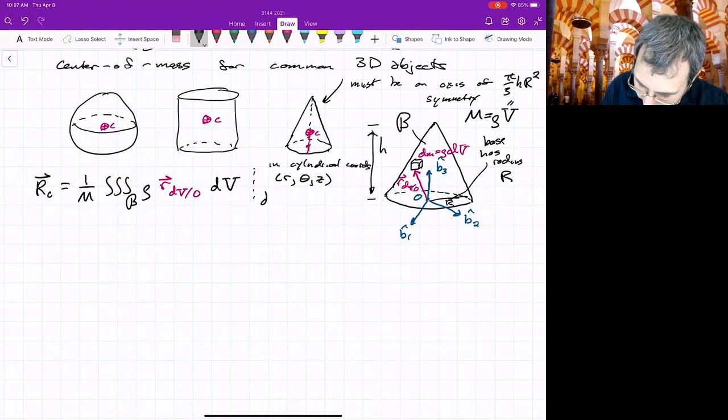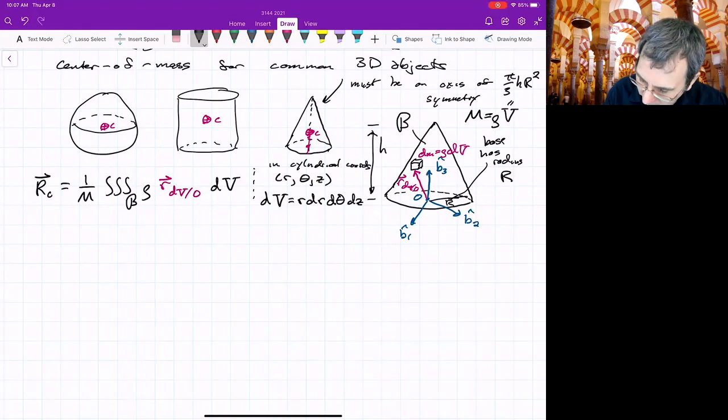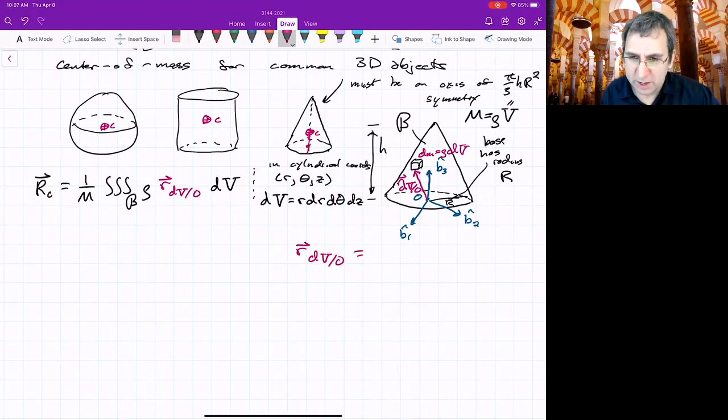What is dV? dV is r dr d theta dz, and the location of this vector r, the location of dV with respect to O. We're just writing polar coordinates for this.